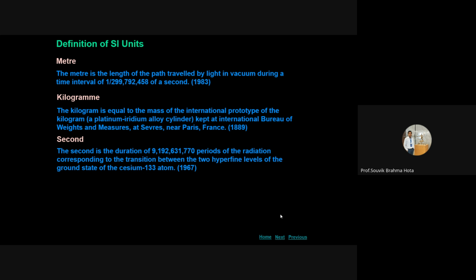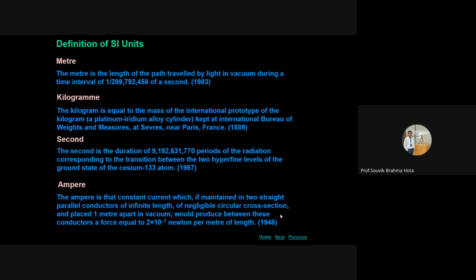The second is the duration of 9192631770 periods of radiation corresponding to the transition between the two hyperfine levels of the ground state of the cesium 133 atom. That was developed in 1967.